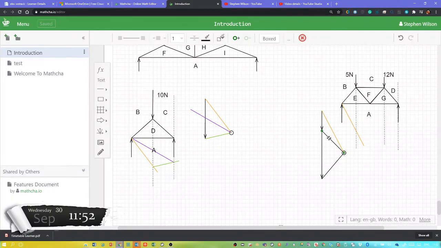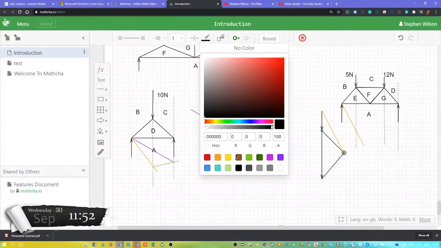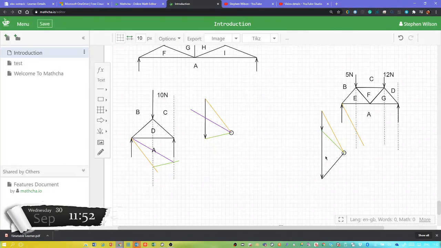Our second force, let's go for that nice green colour. It's parallel again, and that comes from that point down to where it meets this extension, keeping that parallel. Obviously I might have changed it a bit because I'm snapping to a grid, but you'll be using a protractor and therefore you'll be more accurate than me.